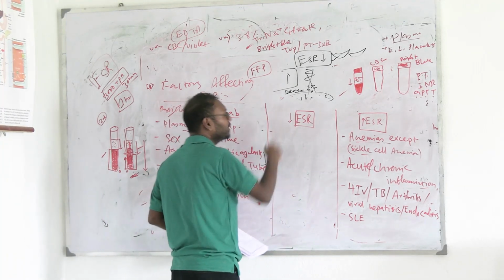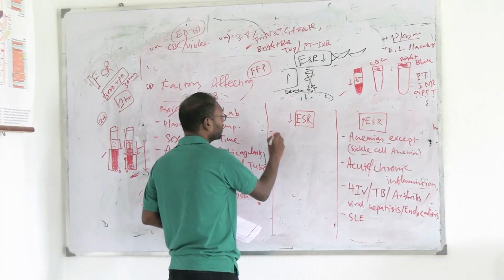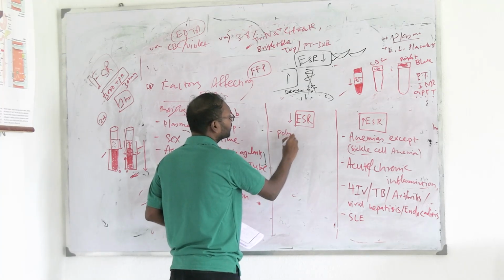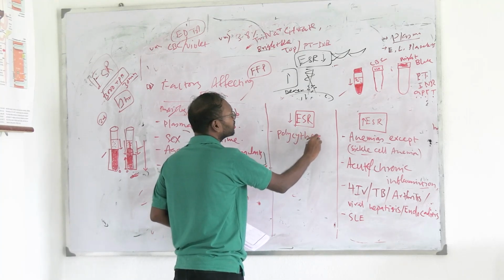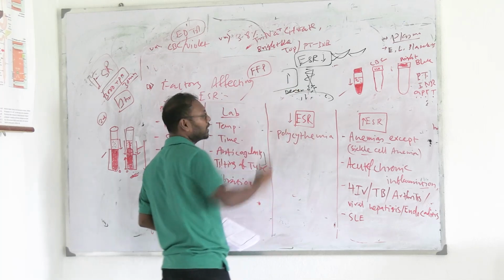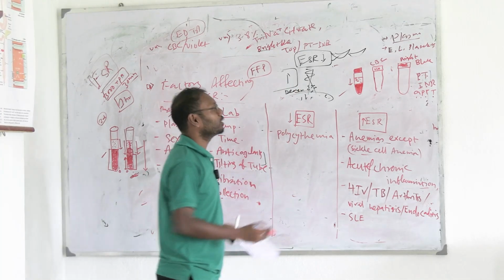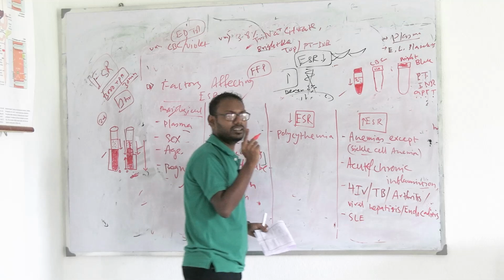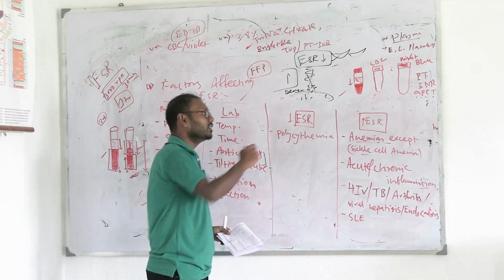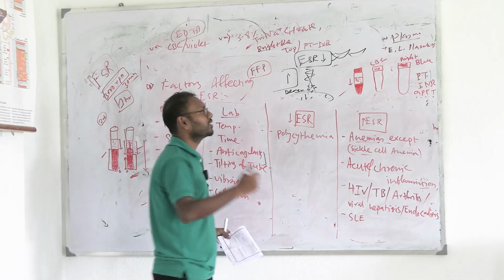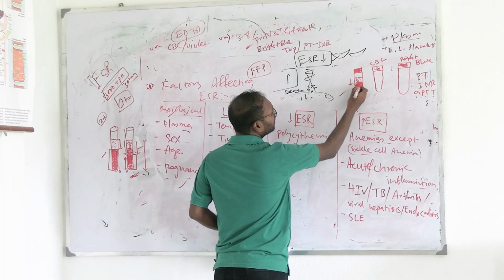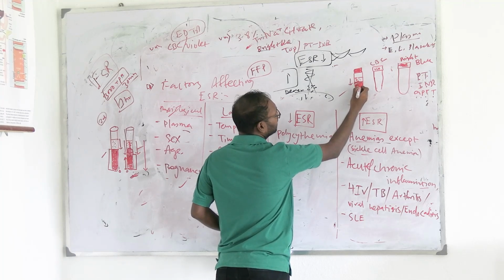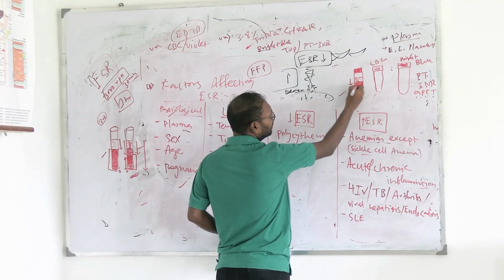Next, ESR will be less in polycythemia. Why? Because in case of polycythemia, your erythrocytes are increasing, তাই তো? polycythemia মানেই তাই। So when erythrocytes are increasing, the amount of sedimentation will be much higher.